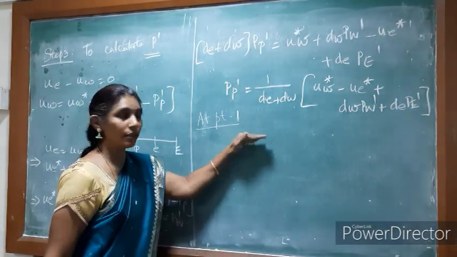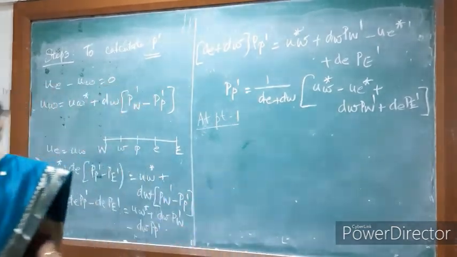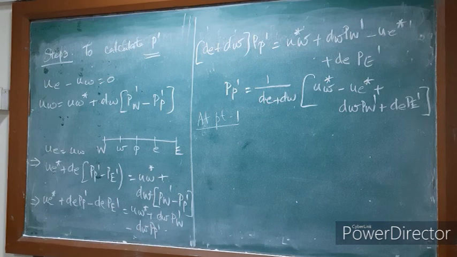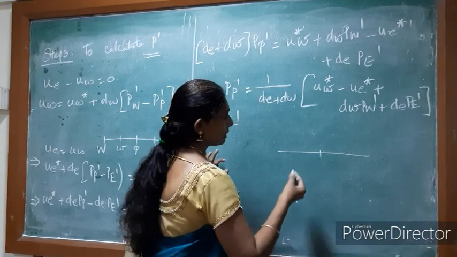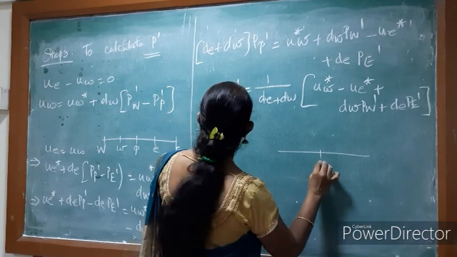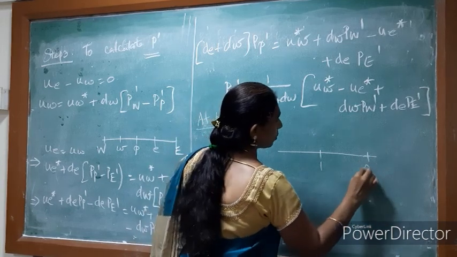Now before that I'll draw the separate line diagrams for point 1 as well as for point 2. I'm taking only the specific points, that is point 1, point 2.